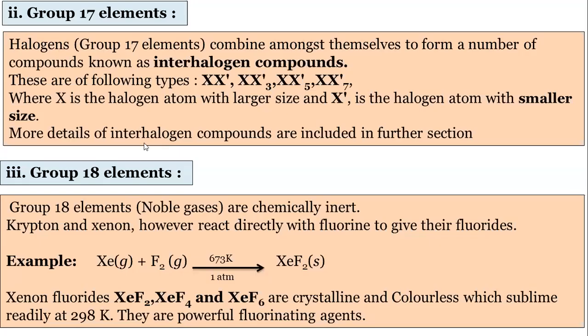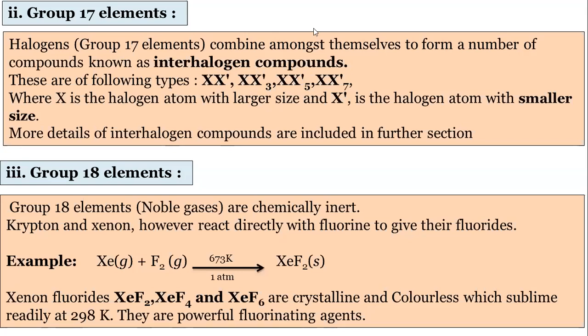Then I'm coming to this part, the reaction of halogens with halogens. When halogens combine with other halogens, they form a large number of compounds. These are called interhalogen compounds, remember. In them X and X dash are both halogens: XX', XX'3, XX'5, and XX'7. These are the types of interhalogen compounds.